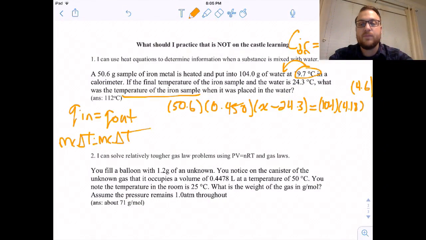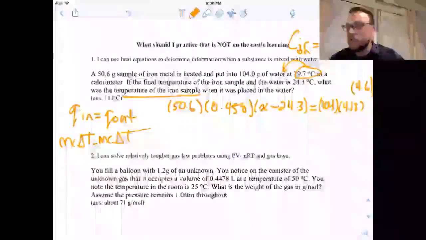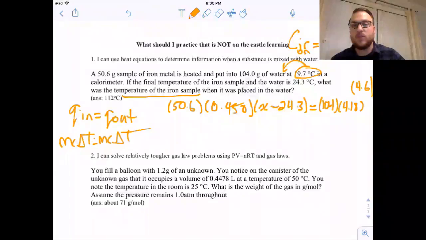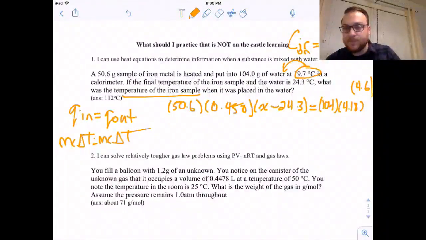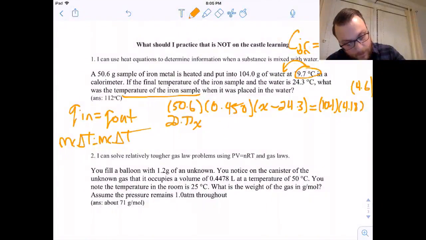It'll record. So from here, you just combine all your like terms, do a lot of distribution. And in this case, on the left side, you're going to get 22.77x minus 553.3 equals a bunch of numbers just multiplied over there.